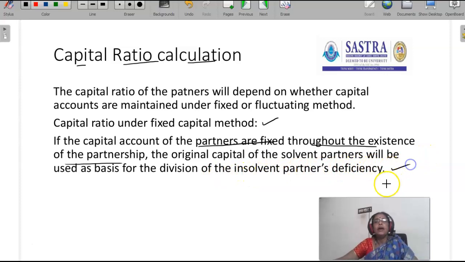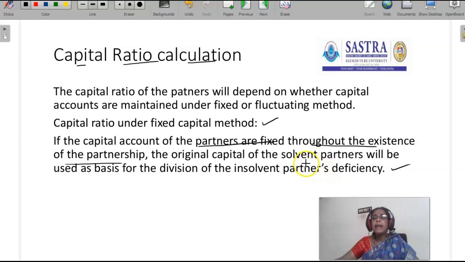I hope you all know how to prepare the capital account and the current account in the case of the fixed capital method. The firm has to open two accounts: one is the fixed capital account, another one is the current account. Interest on capital, interest on drawings, salary, commission, everything should be transferred to the current account.